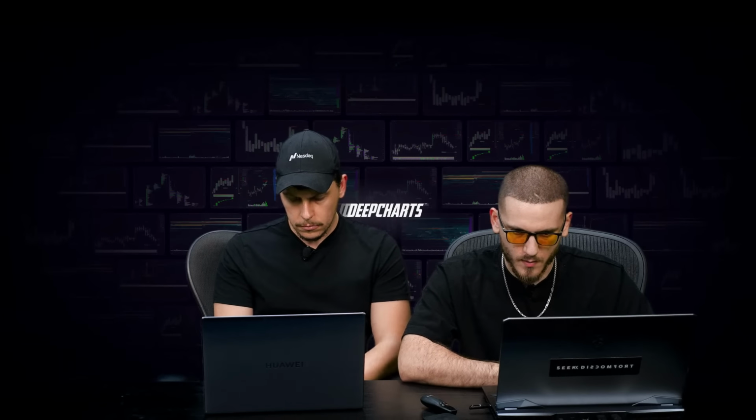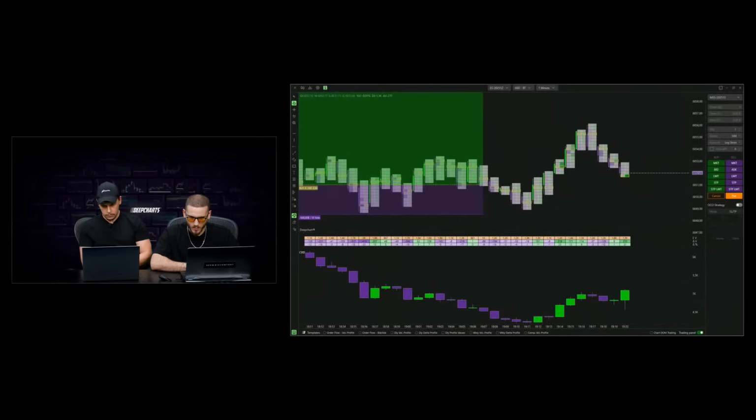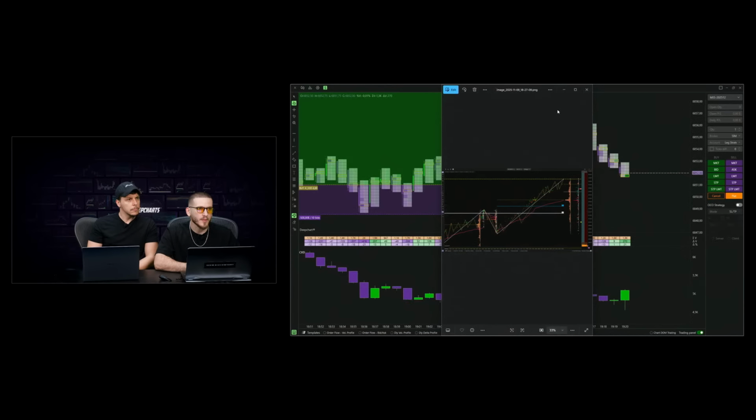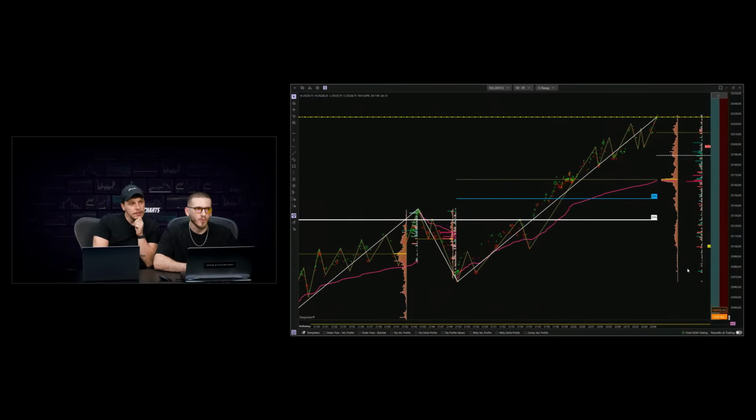I'm going to show you some other templates, so let me share the screen once more. This is an example of another template made by our dear Rodolfo, founder of Volumetrica.